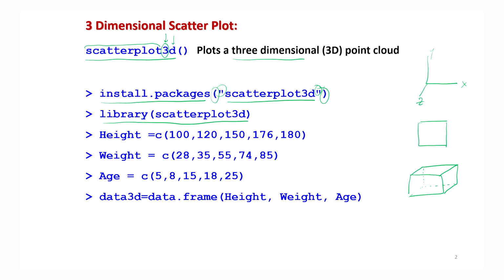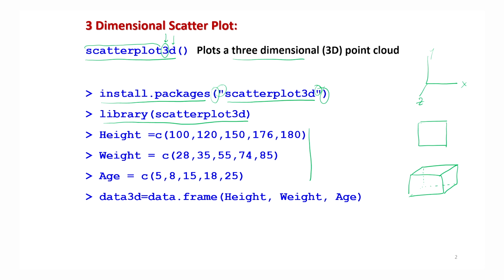Now I want to illustrate the creation of a picture in three dimensions. For that I create a dataset on three variables, which I have artificially chosen such that they are interrelated. For example, age, weight and height of a person are not independent. As the age increases, the height and weight also increase up to a certain age. I have considered this type of data, and I want to create a three-dimensional plot so that I can see how these three variables behave together.